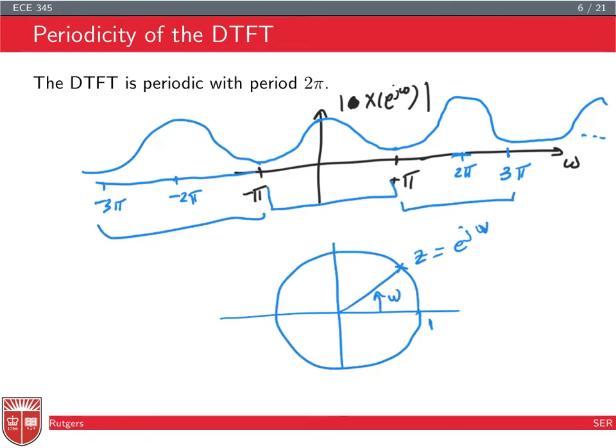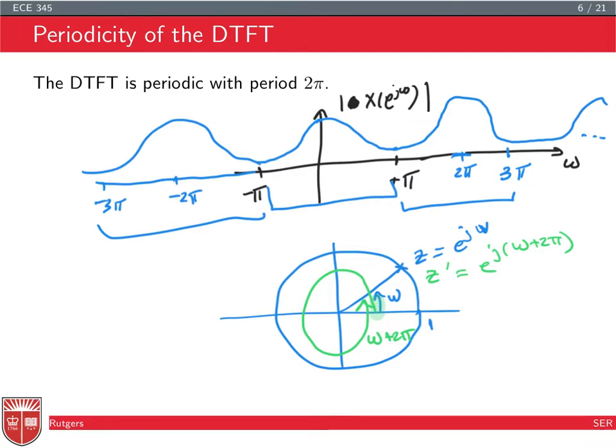Or you're evaluating at this point here, which is at omega plus 2π. So let's call this z' equal to e^{j(ω+2π)}. These are actually the same two points, so it doesn't make a difference.